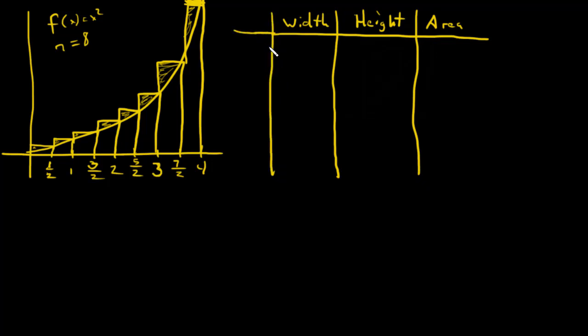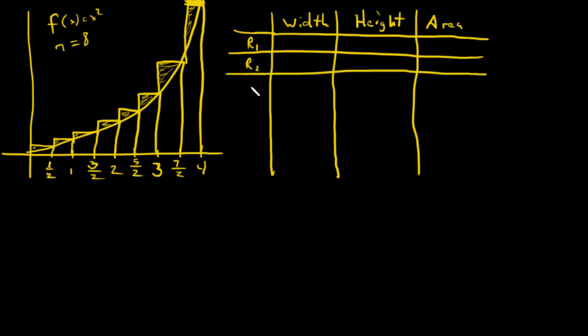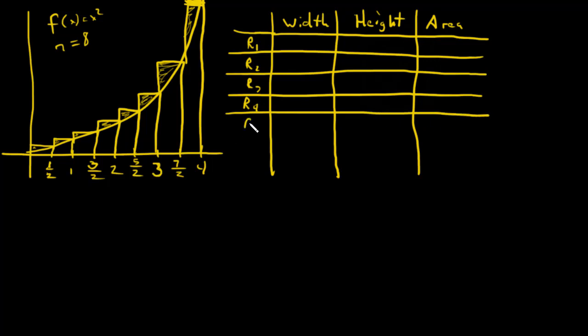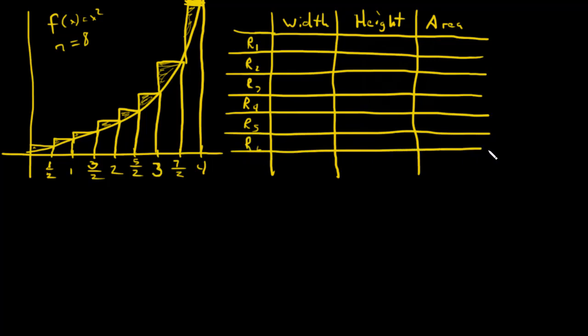So, alrighty. I've got R1, R2, R3. That's a 3, I promise. R4, R5, R6, R7, and R8.